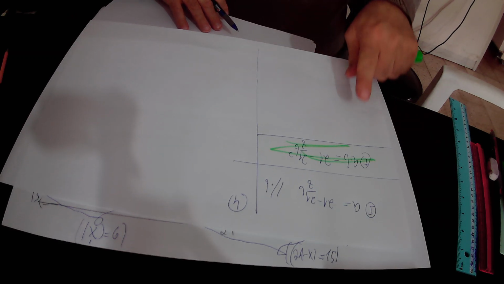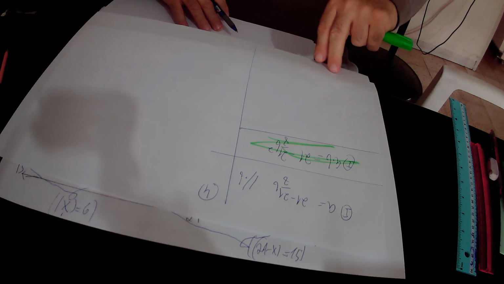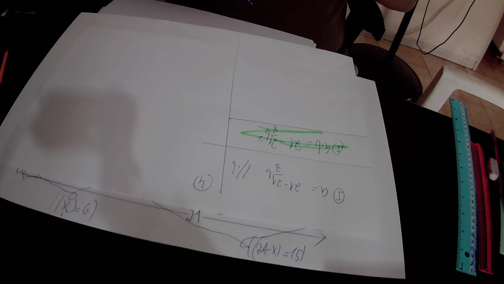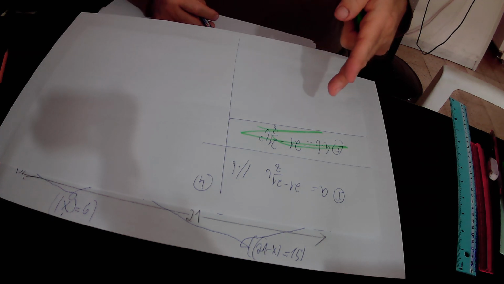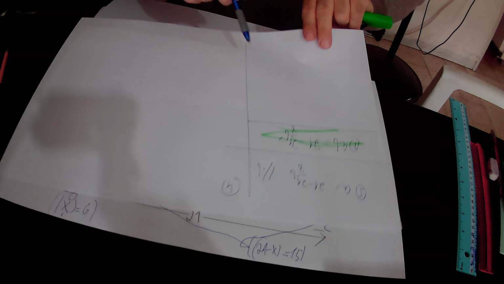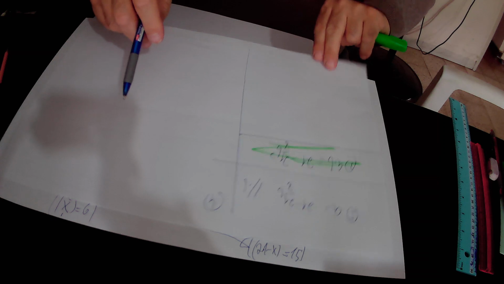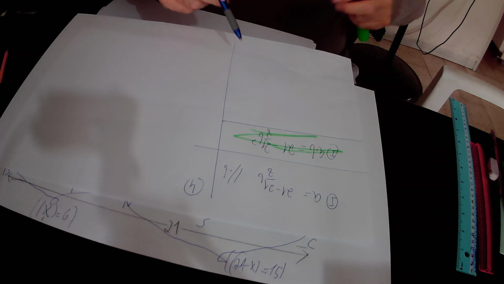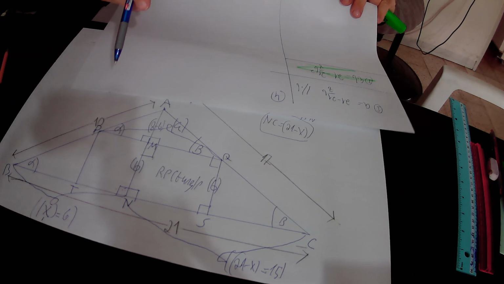In order to find the maximum area, a times b, we will have to differentiate the area function, and then equate the derivative to 0, and in this way we will find the extreme points.